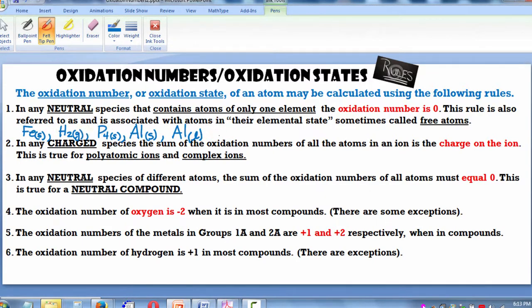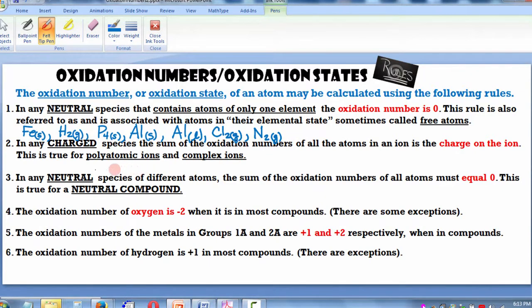So all of these examples have an oxidation number of 0. Cl2 gas in its elemental state, oxidation number of 0. Nitrogen gas in its elemental state, oxidation number of 0. Okay?